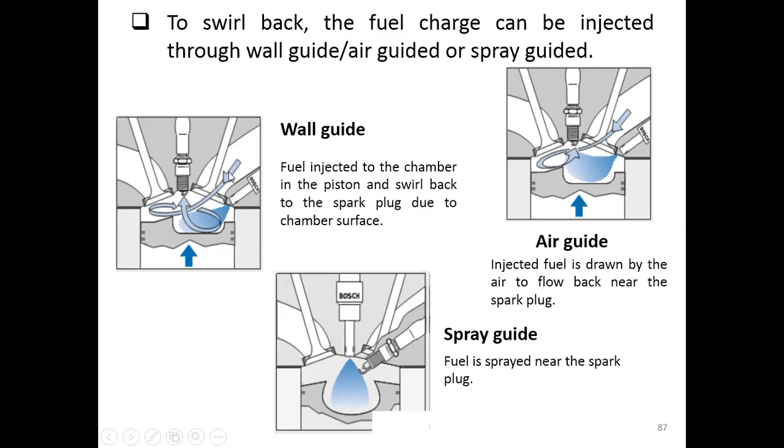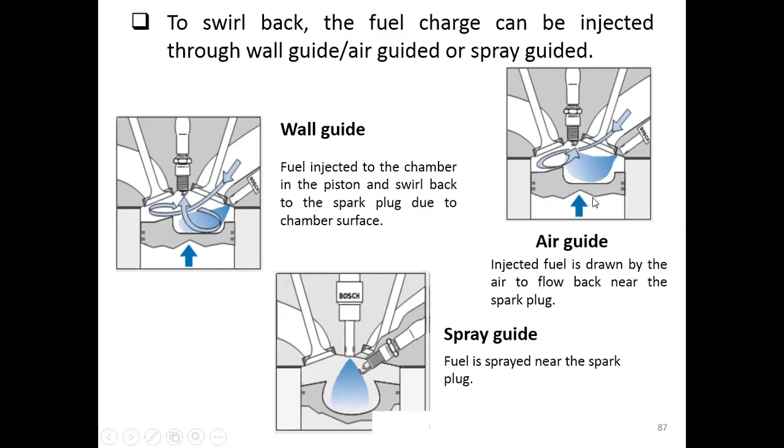The air flows through the intake valve here, and the fuel is injected here. If the shape of the top surface of the piston looks like this, the wall will guide the fuel and also the air to swirl back near the spark plug. This is what we call a wall guide.